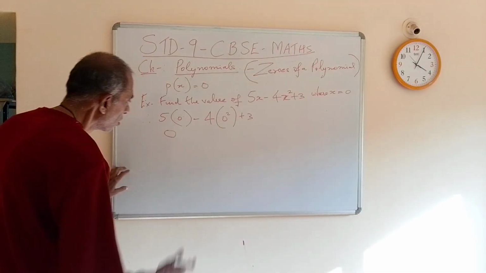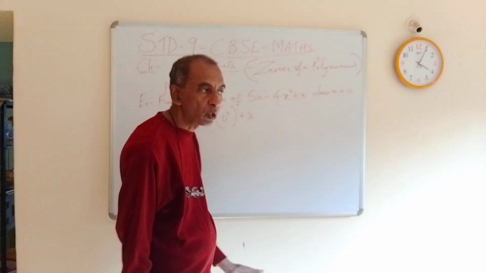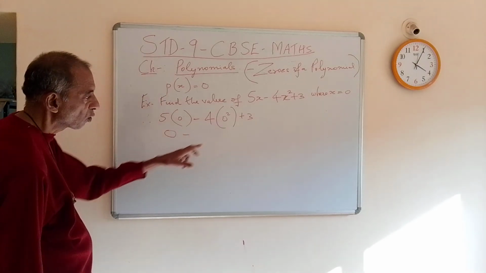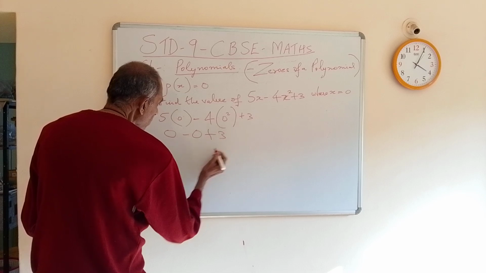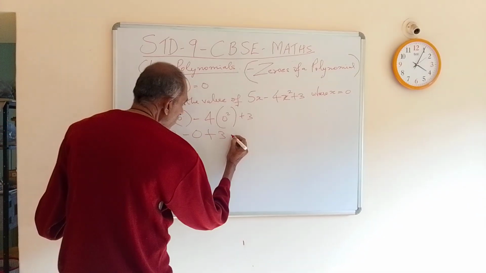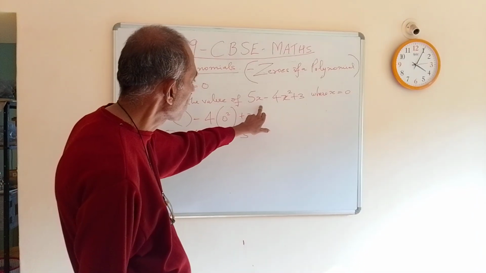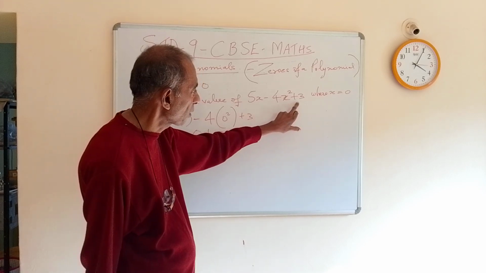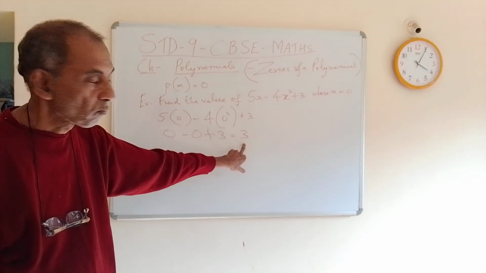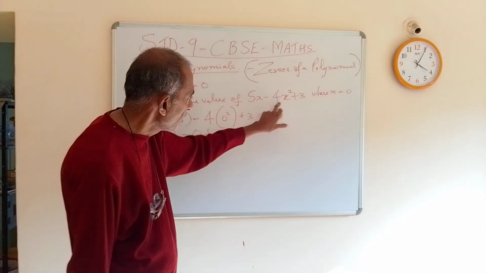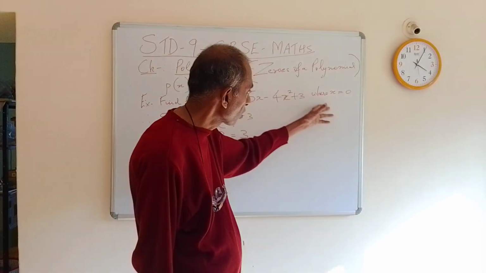Minus 4 into 0 square, 0 into 0 is again 0, and 4 into 0 will also be 0. So minus 0 again, plus 3. So 0 minus 0 plus 3 will give us the answer 3. So the value of the expression 5x minus 4x square plus 3, taking x to be 0, is coming to 3.